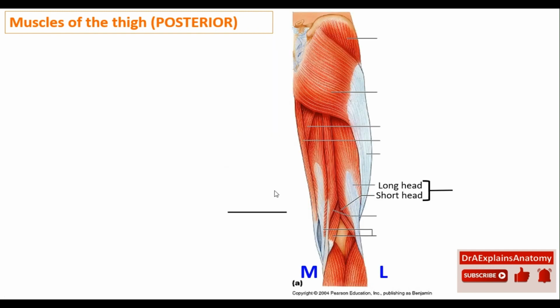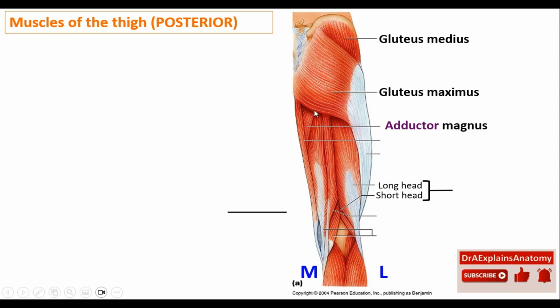Moving to the posterior aspect of the thigh, first we can see the gluteus medius muscle on the posterior aspect of the hip bone. This is the gluteus maximus muscle right here. This is the adductor magnus muscle.